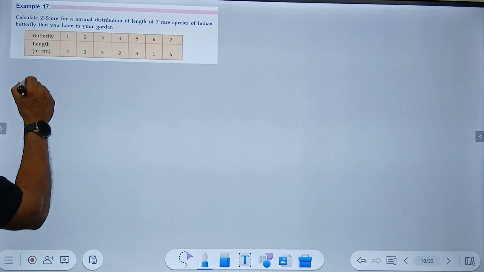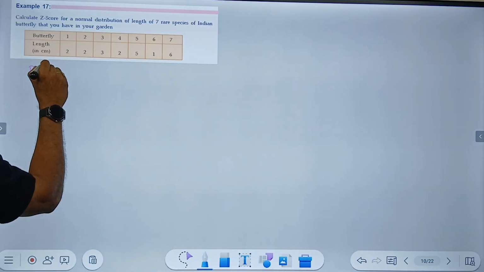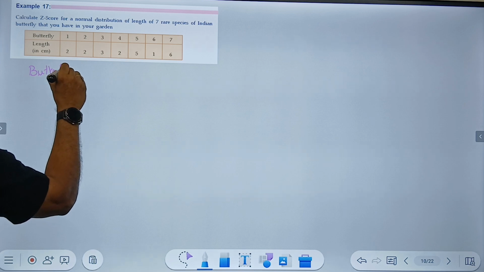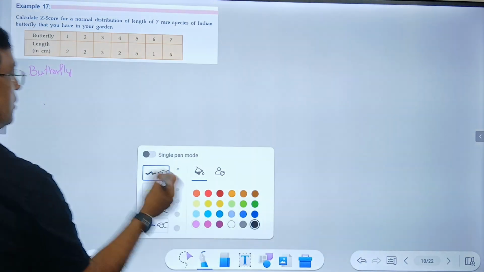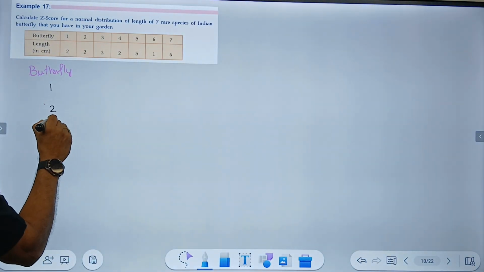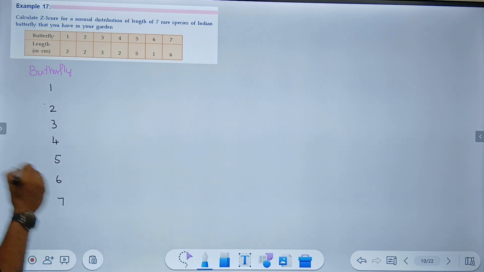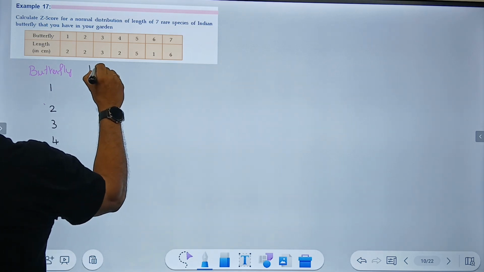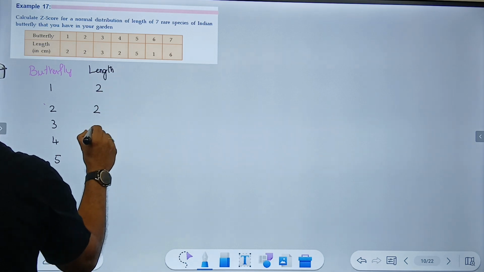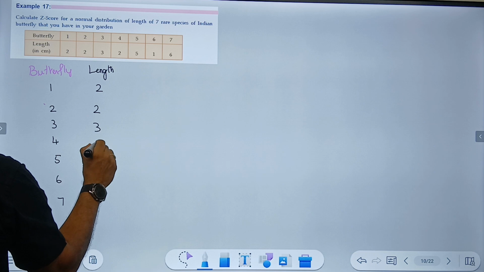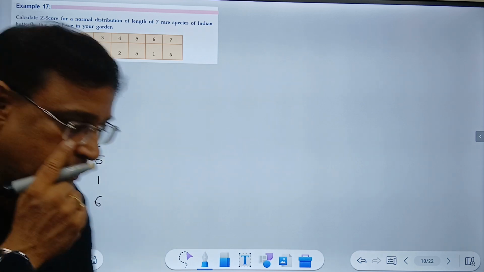First of all, I have the butterflies, 1, 2, 3, 4, 5, 6, 7, and I have the lengths. The lengths of the butterflies are 2, 2, 3, 2, 5, 1, and 6.